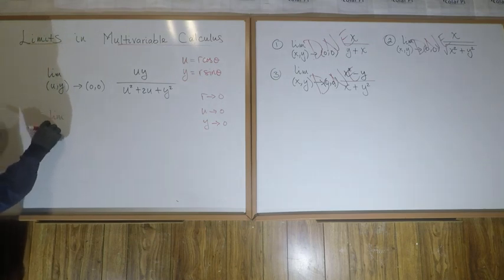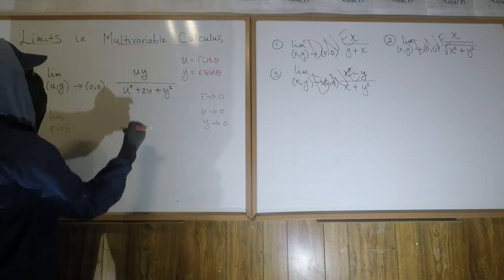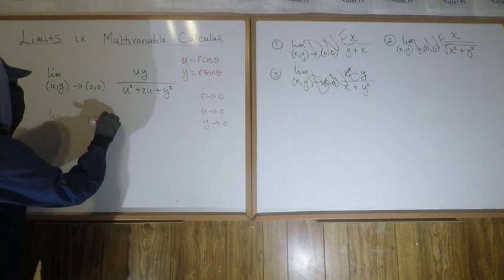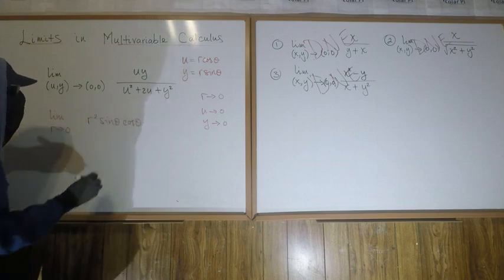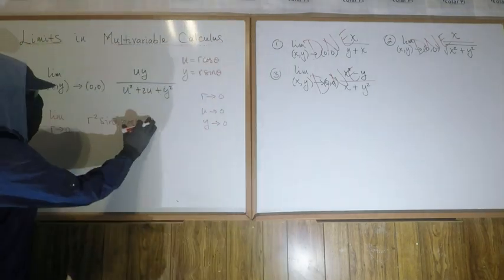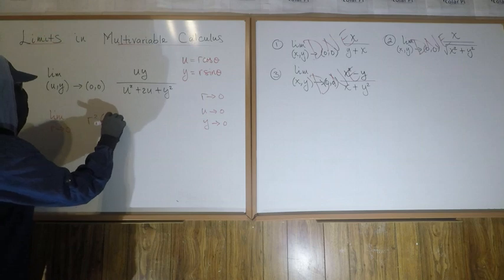So we go limit, r goes to 0. And then uy is going to be r squared sine theta cosine theta. Now remember, 2 sine theta cosine theta was sine 2 theta. So we can write this as 1/2 sine 2 theta. Got it.